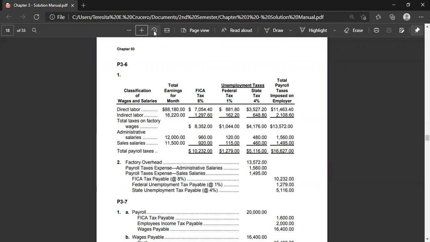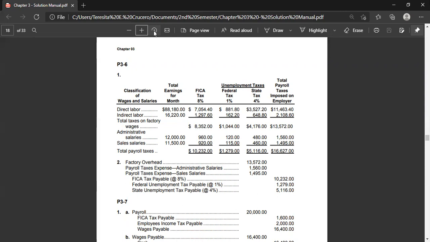And we now credit FICA tax payable, federal unemployment tax, and state unemployment tax. In other words, these taxes are computed based on the payroll, however, the employer shoulders. The amounts payable by the employees are deductible from their salaries.